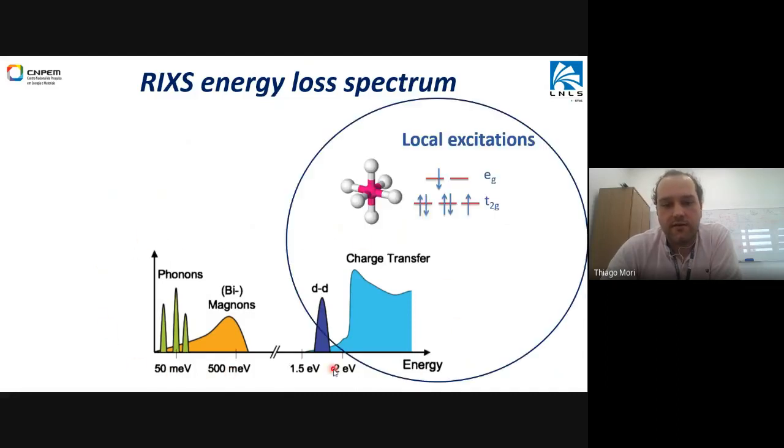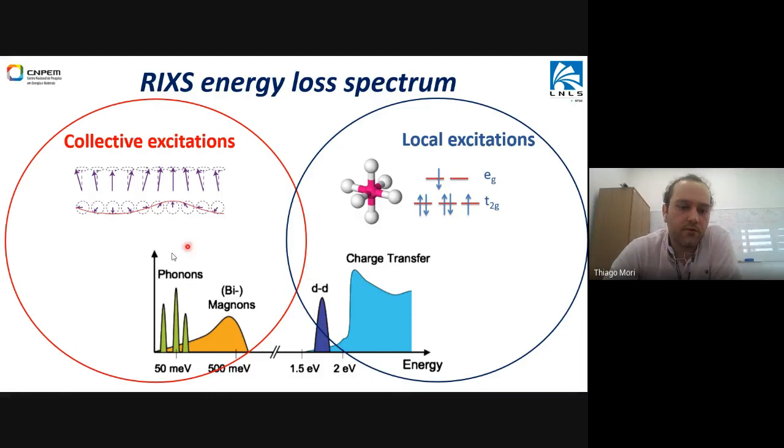So you see that we have some excitations of about a few electron volts, which are local excitations of the electronic structure of the material, and that are related to, for instance, dd transitions, and then we can use this to get information about crystal field theory and this kind of stuff.